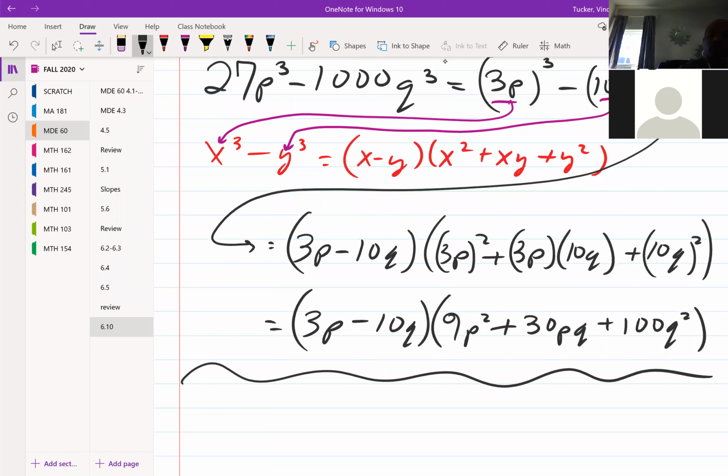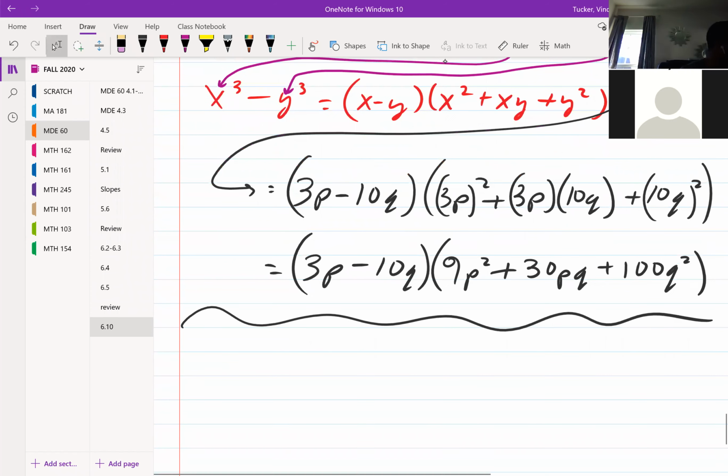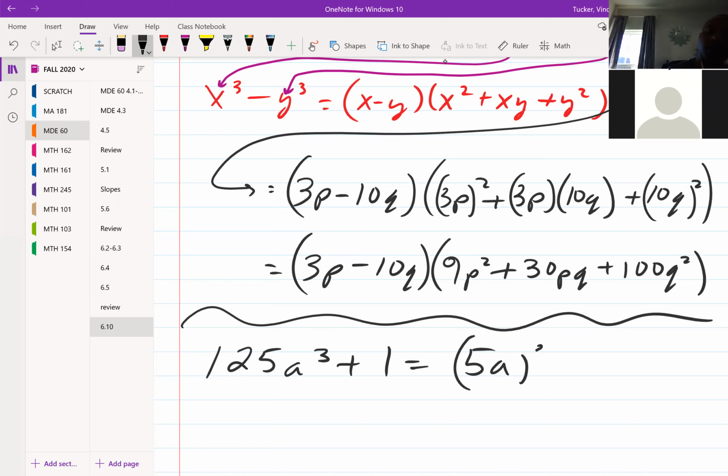All right, let's do at least one more like this. 125a cubed plus 1. So it's going to be 5a, and then 1 is always a perfect cube or perfect square.